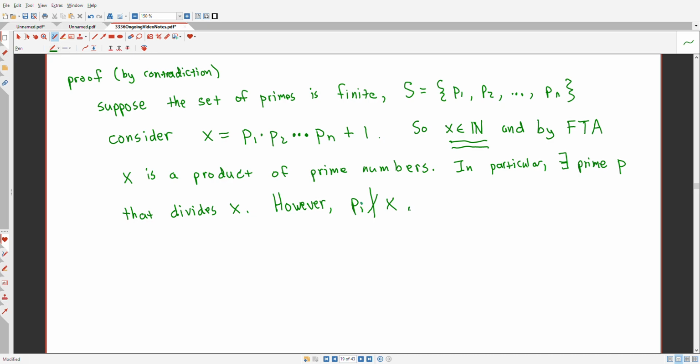And so now let's look at where we are in this little green proof. There is a prime number that divides x, but none of the Pi's divide x, this implies there is a prime number p that isn't in our set of primes. And that's a contradiction. We said our set of primes was all of them.